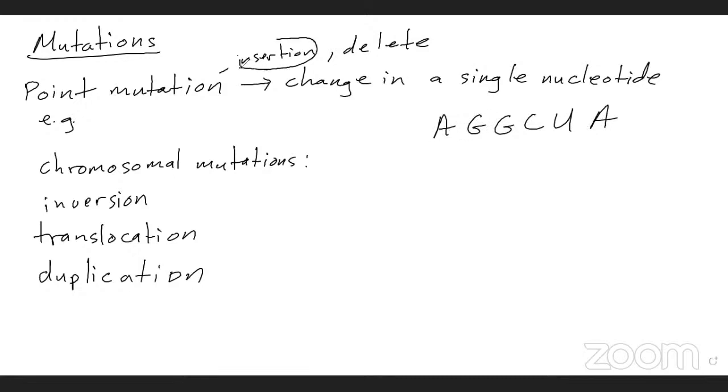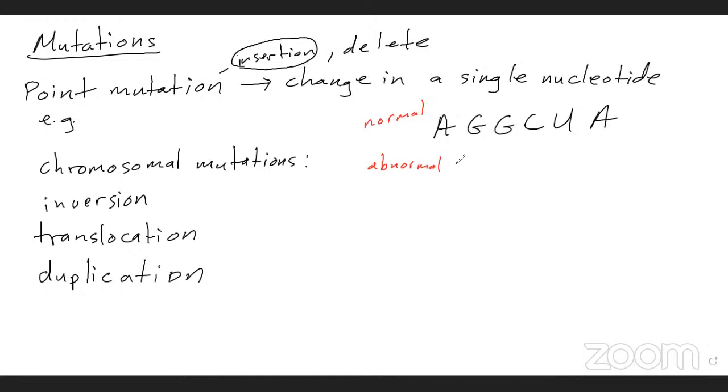If it says insertion, what do you think we should do? The name explains itself. What are we going to insert? A nucleotide base. So this is your normal, and the abnormal one would arise from a mutation.